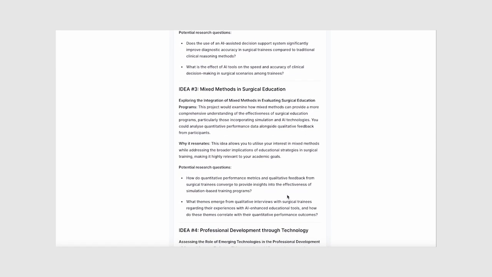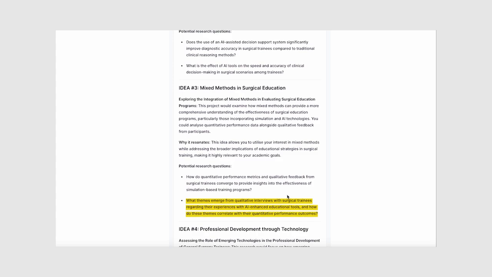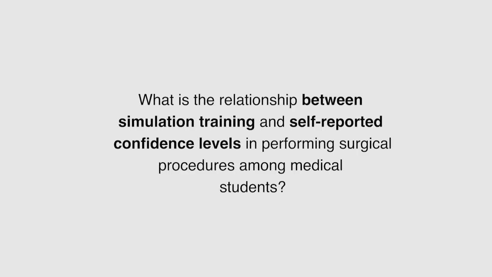Okay, having gone through all the options, I actually think this one, what themes emerge from qualitative interviews with surgical trainees regarding their experiences with AI-enhanced educational tools, and how do these themes correlate with their quantitative performance outcomes, is also interesting, but it is more qualitative, and I am not super familiar with this methodology. So I think I'll go with the original example. What is the relationship between simulation training and self-reported confidence levels in performing surgical procedures among medical students?